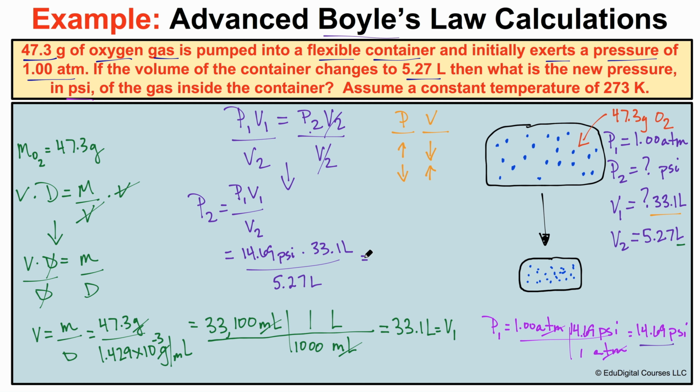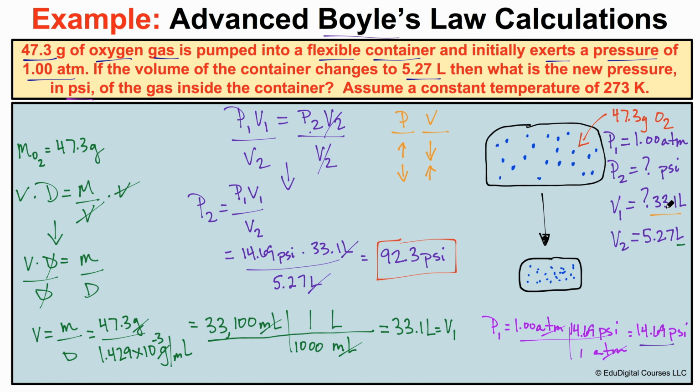And so when we put this in our calculator, we're going to take 14.69 times 33.1, and we're going to divide this by 5.27, and we're going to end up with 92.3. 92.3 what? Well, liters cancels with liters, leaving us with psi, and this is going to be our final answer.